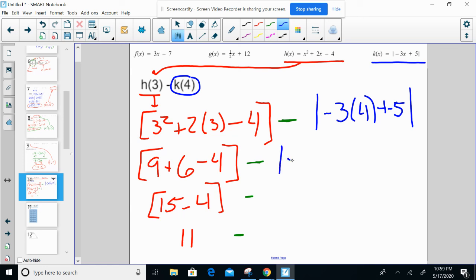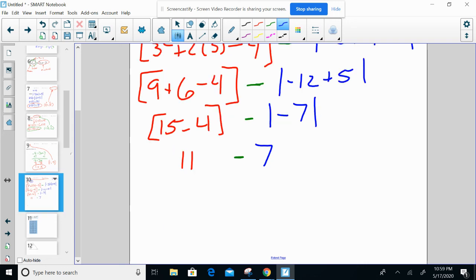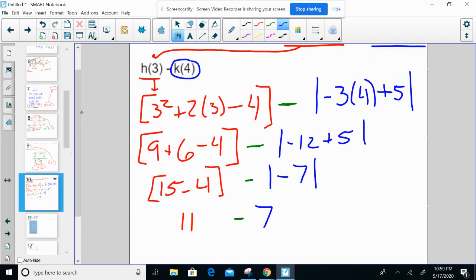We got negative 12. That's supposed to be plus 5. All right, so negative 3 times 4 is negative 12. Do the multiplication first. Then negative 12 plus 5, absolute value of negative 7. Now the absolute value would make it positive, so 7. And so k of 4 is 7.